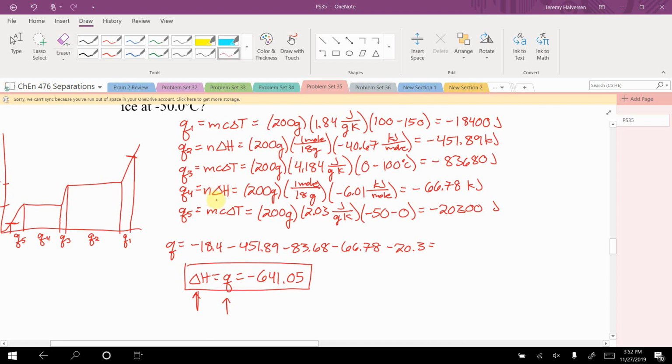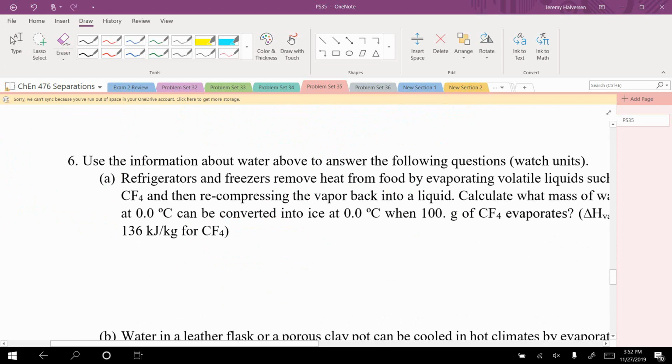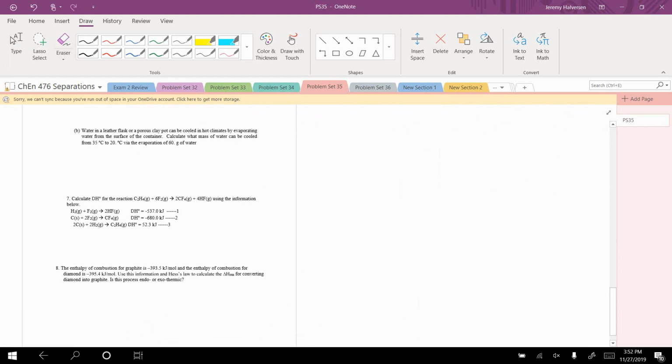They tell me how much heat is involved to change 1 mole of something. So they're like a theoretical value, if that makes sense, versus this H, which is the actual total heat that goes down. This is a theoretical value that we use to, by multiplying it by moles, figure out the heat involved with one step in the process. All right. Let's keep going.